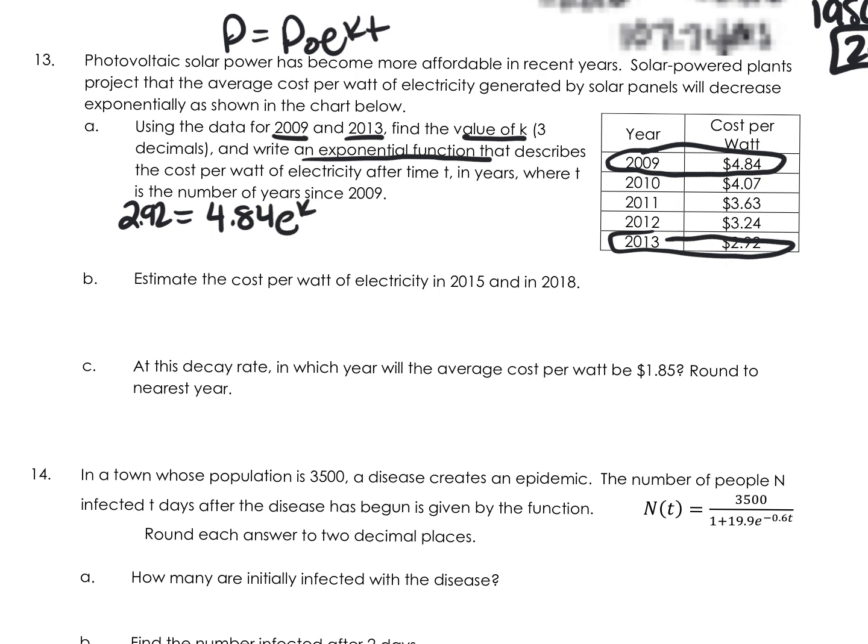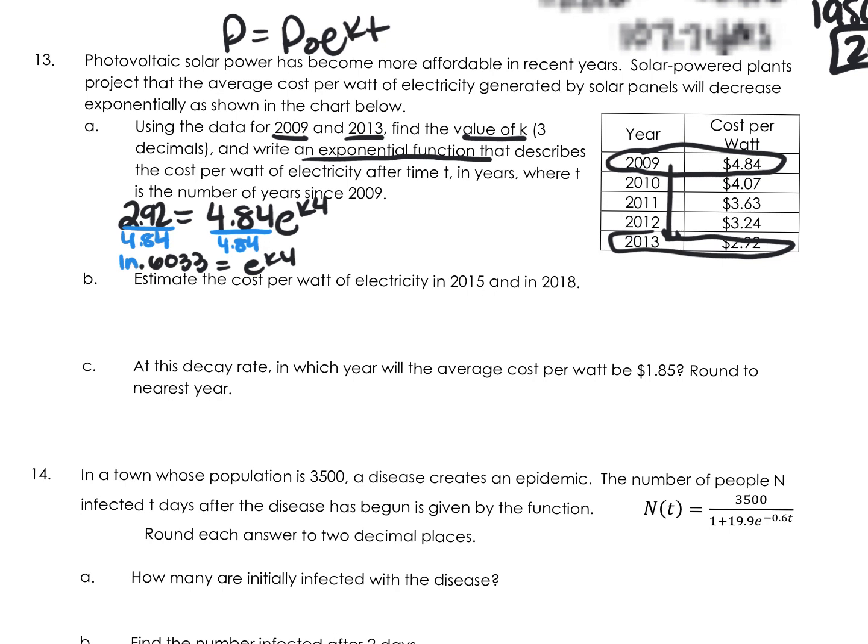We're going to find k, and the years between 2009 and 2013, you can subtract those, and you'll get 4. So if we're going to solve this equation, we'll divide by 4.84, and we'll get 0.603 equal to e to the k times 4.